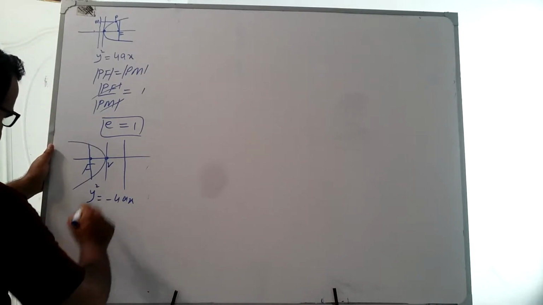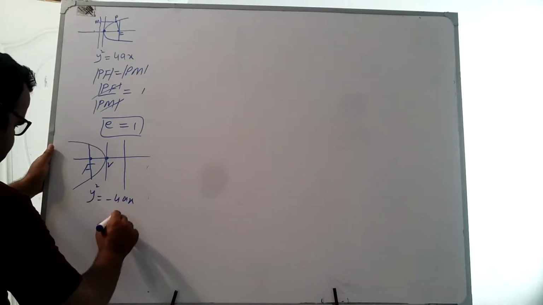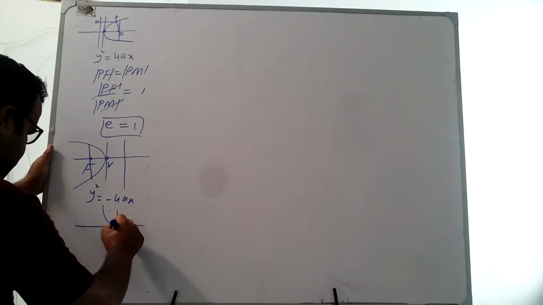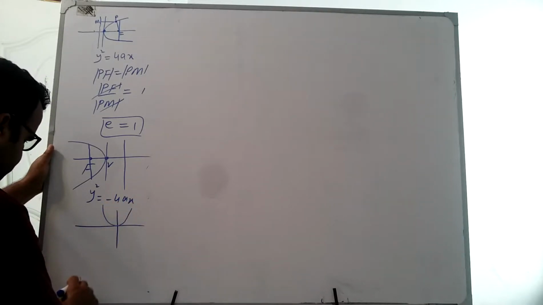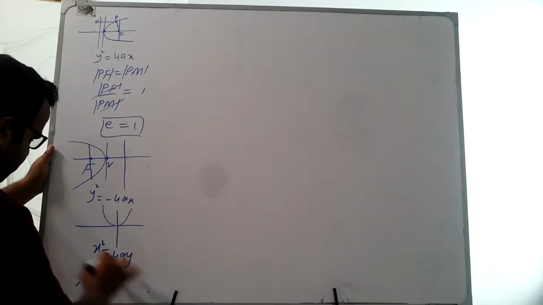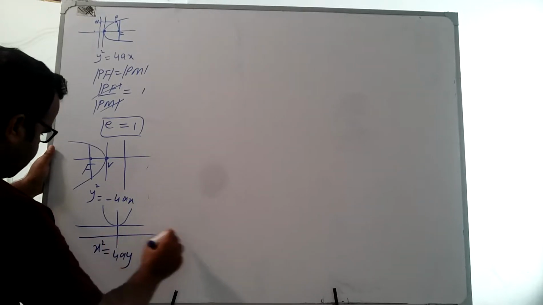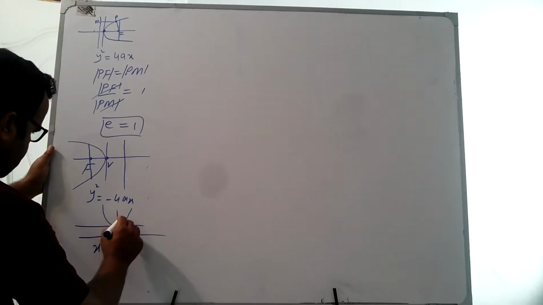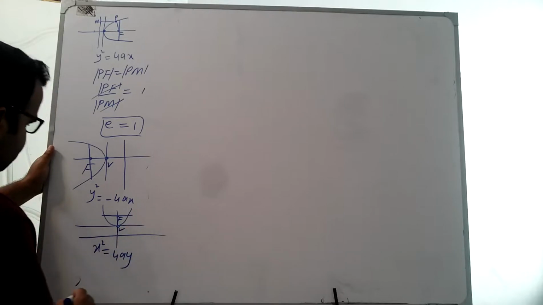Okay, now the other figures. If the parabola is opening upward, then the equation is x square is equal to 4ay. Directrix, vertex and focus, length of latus rectum.